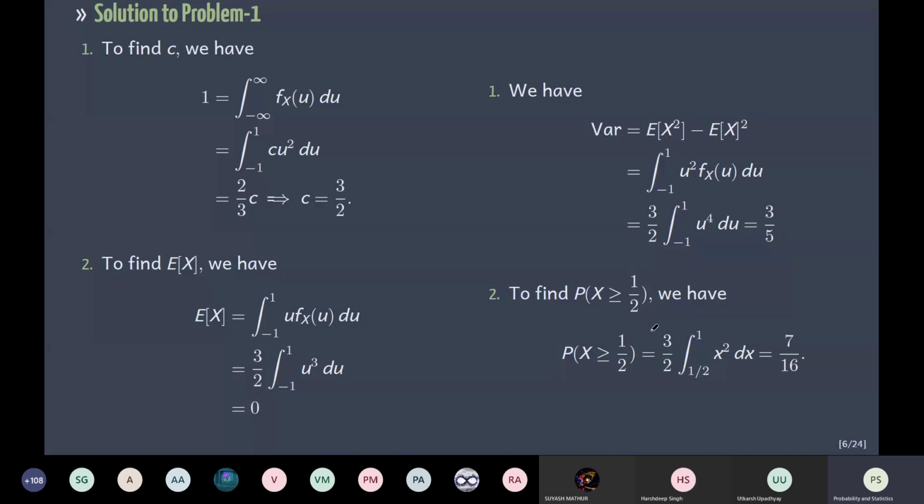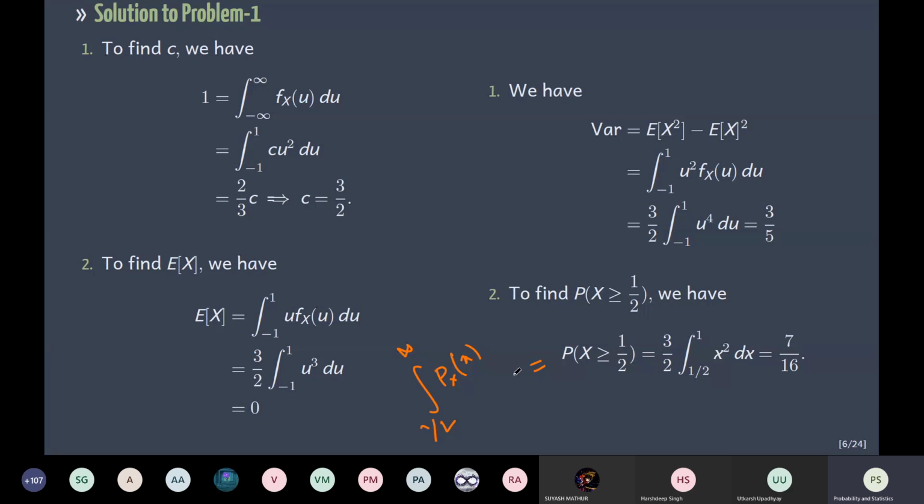The probability that x is greater than or equal to half can again be found using the PDF. We just have to integrate over the correct range, from half to infinity, by definition, and this is the PDF of x.